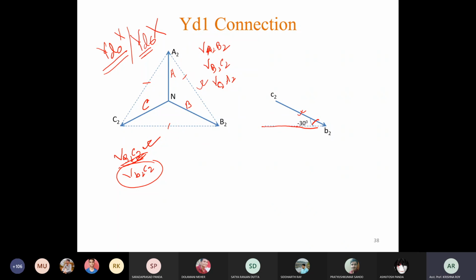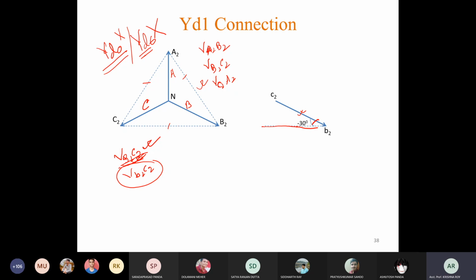Okay. Now we know that in case of three-phase transformer, there may or may not be phase angle difference between line EMFs, not the phase EMFs. Phase EMFs always lie along the same line. That means there will be 0 degree phase displacement. Only line EMFs may or may not have phase angle difference. In case of YD1, there is 30 degree phase angle displacement.